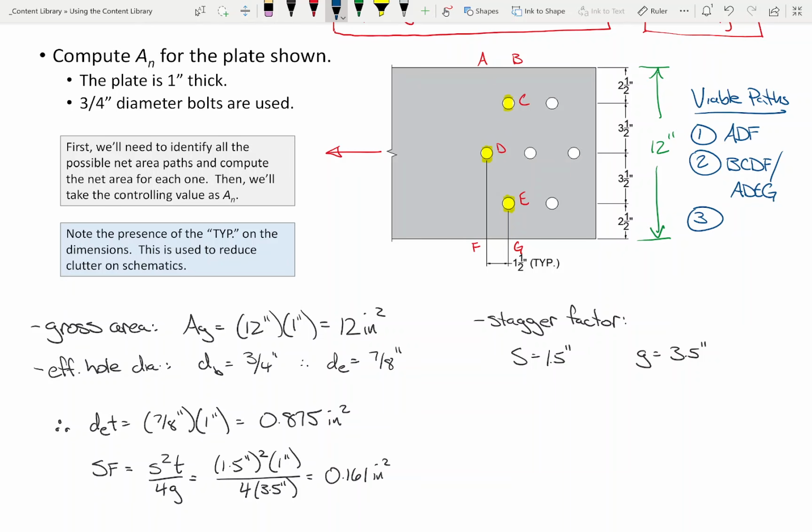How about path number 3? Okay. So that I don't have to keep scrolling and whatnot, let me just write these here on the board, or BCD.